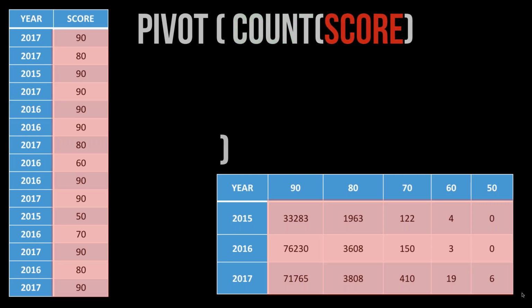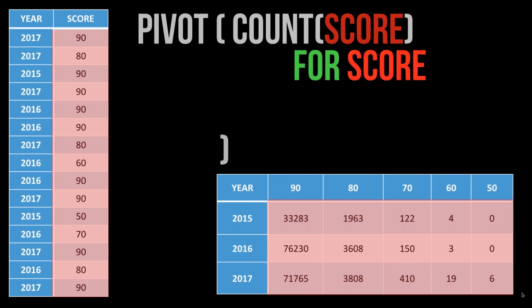And now we're using 2 columns. Sometimes we will have 3 because we want to pull something else out. But we're just going to simplify here. So we have pivot in the parentheses, we're going to count the score, and then for the score, and notice that we have the parentheses around the count score for the aggregate, and for the column itself we don't.